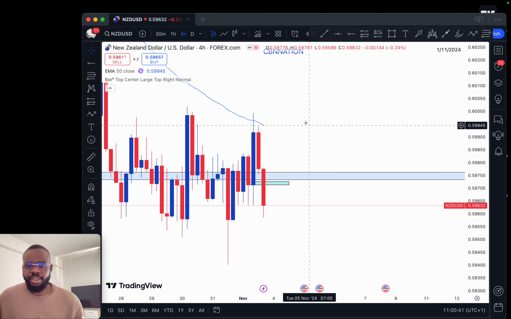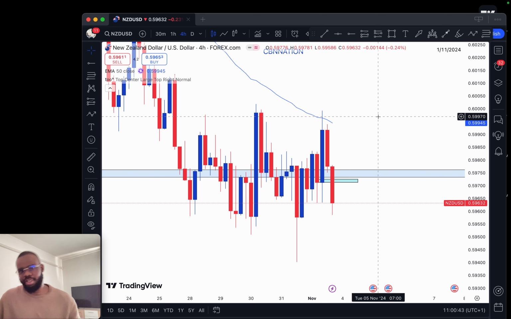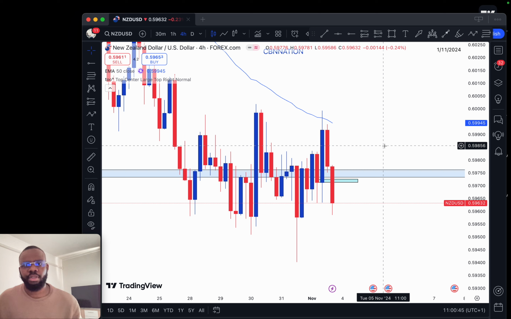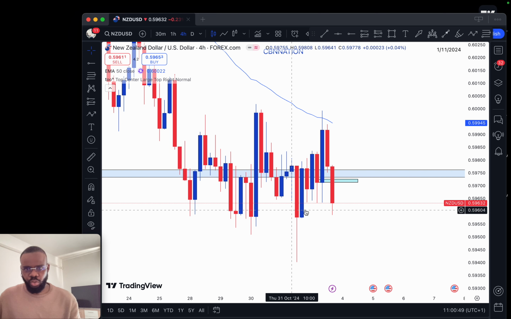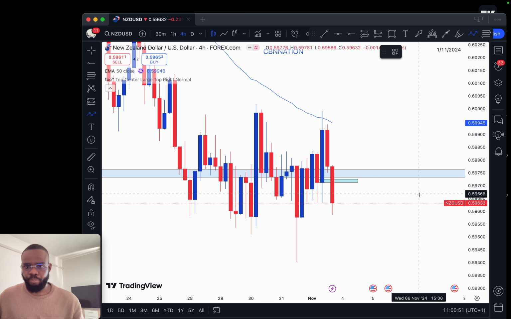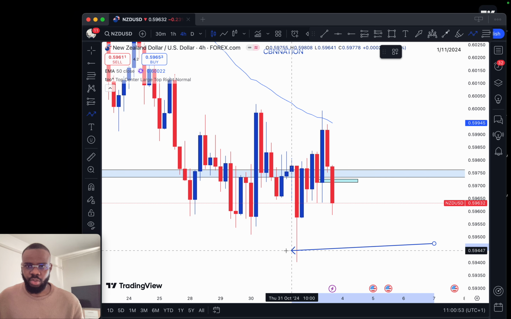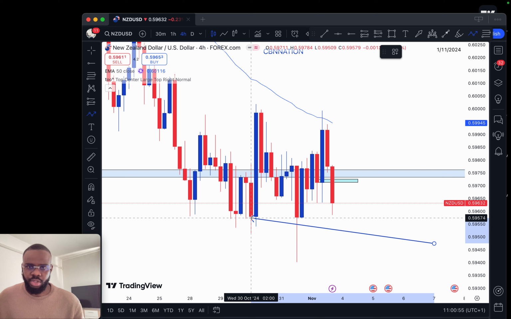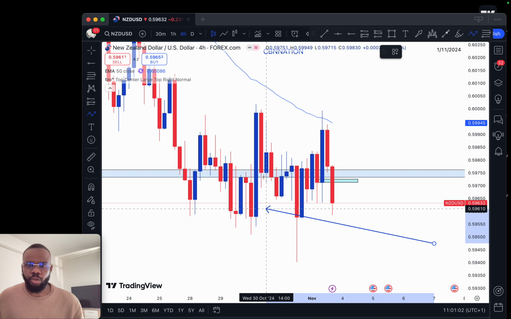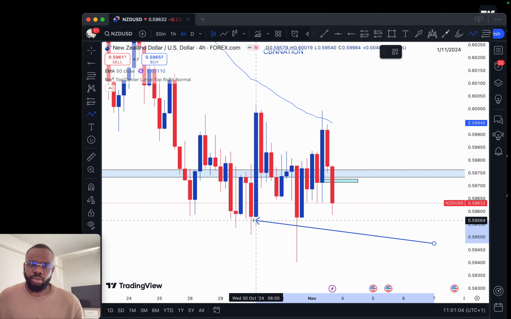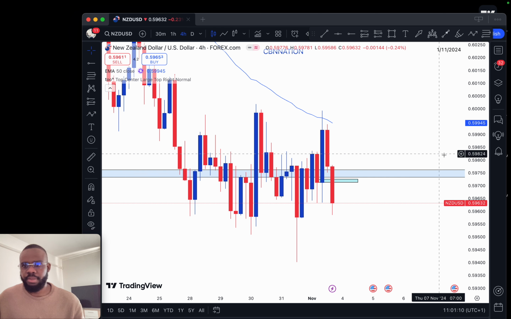Looking at the 4-hour time frame, it looks a little bit choppy, but we know how this works, so we have to work with what we have here. As you can see, this was the swing low and the swing high of the 4-hour time frame. I wanted the 4 hours to close below, which it did.